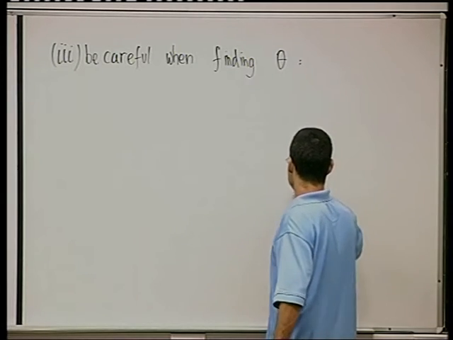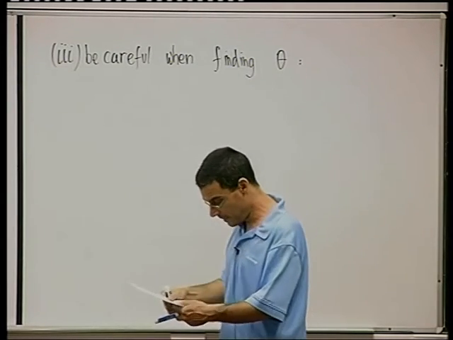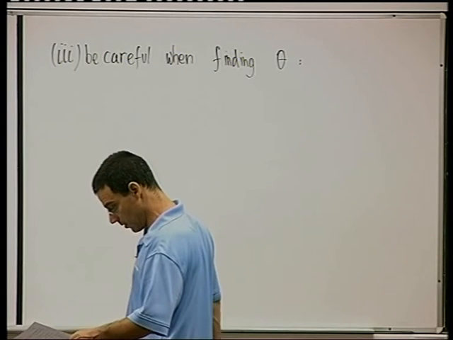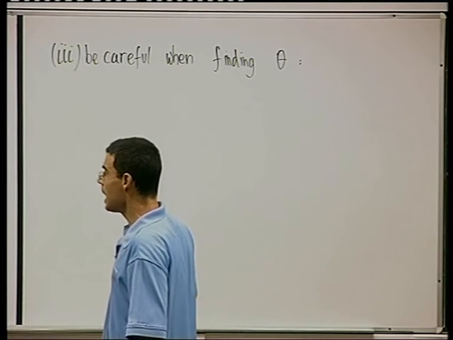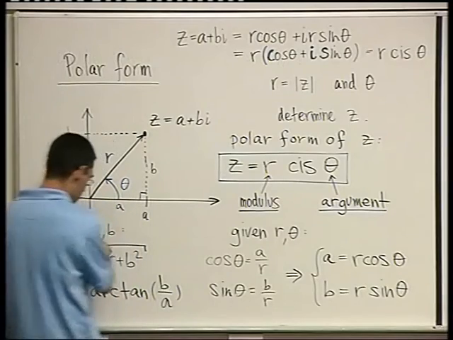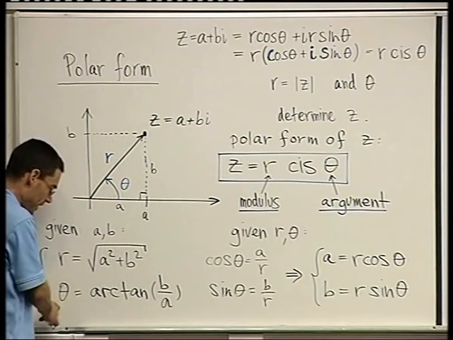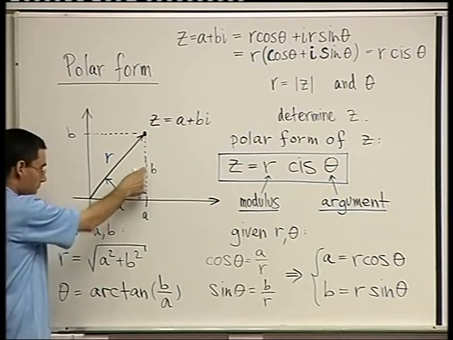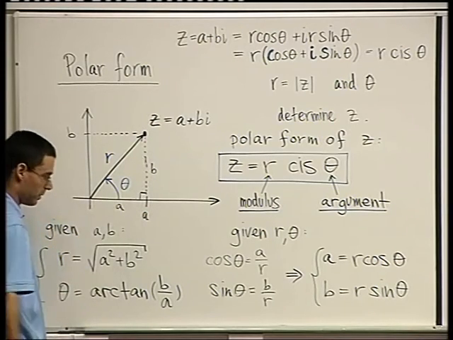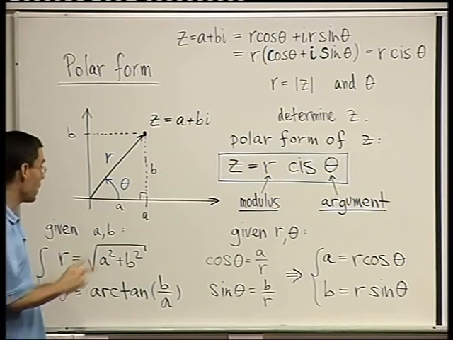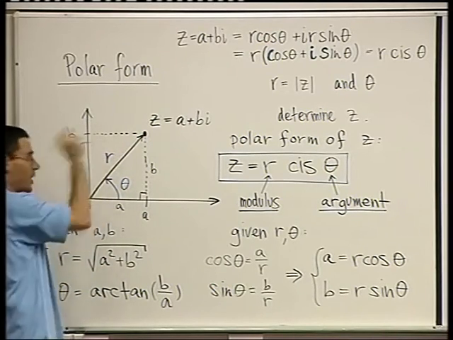So what do I mean by careful when finding theta? I want to take you a couple boards back over to here. Remember that when we have a and b, we find theta using this function arctan, right? Because tangent of theta is b over a, so theta is arctan of b over a. That works perfectly well, and there's nothing to be careful about when you're indeed in the first quadrant.